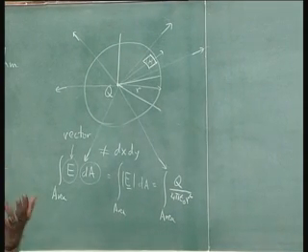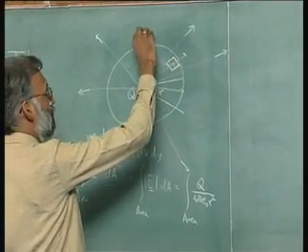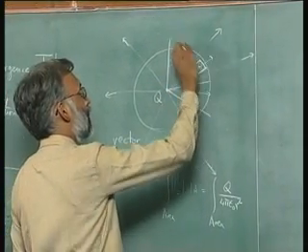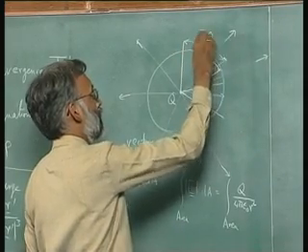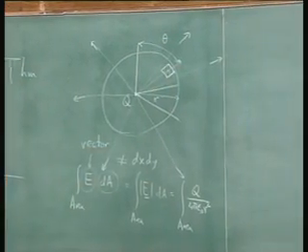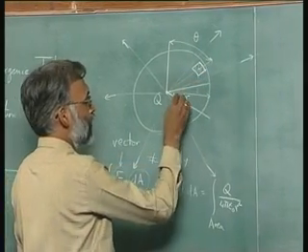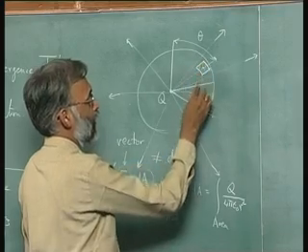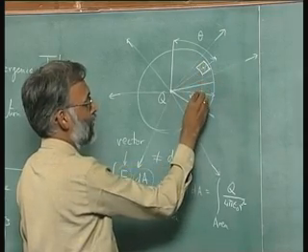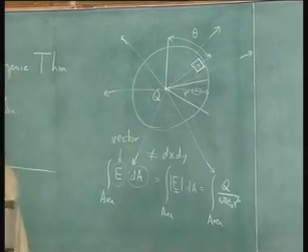Well, in a spherical coordinate system, the coordinates on the surface are defined by this angle theta, and if I drop a perpendicular down onto, so this little area has an image on the xy plane.